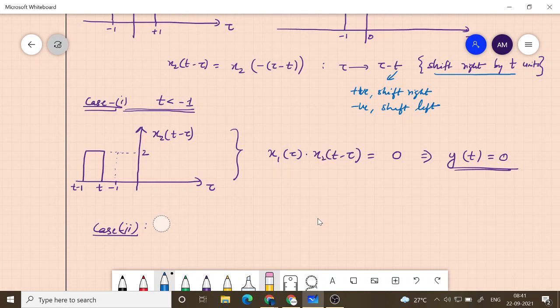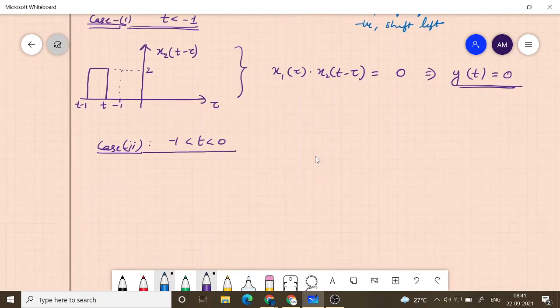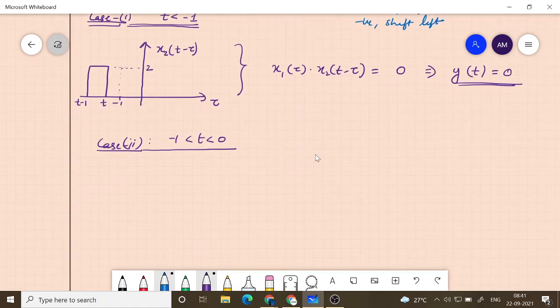So I am taking t between 0 and minus 1. In that case I will have to shift again to the left, but the resulting function will have some overlap with the x1 of tau. So this is my tau. Again I am drawing x2 of t minus tau, where t is between minus 1 and 0.